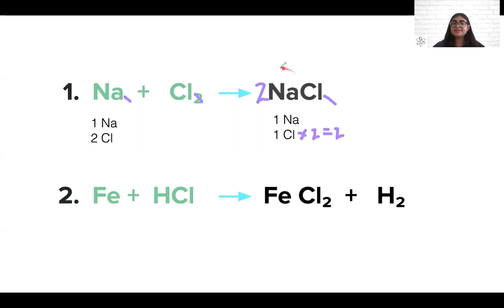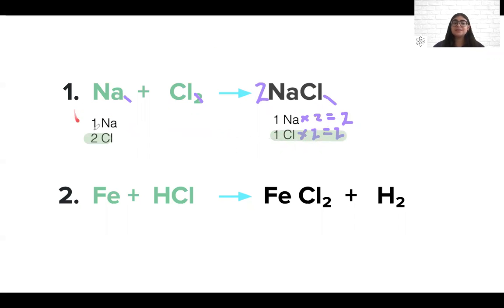And remember, since it's a coefficient, one of the big numbers in front, it also applies to the whole thing. So sodium is also multiplied by 2. And here we also get 2 sodiums. Okay, so now chloride is happy because we have 2 chlorides here, and then we have 2 chlorides here, so we're happy with that.